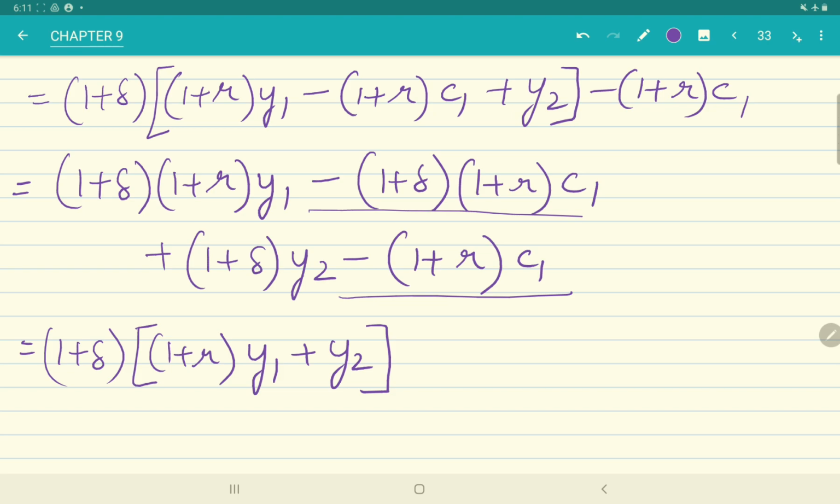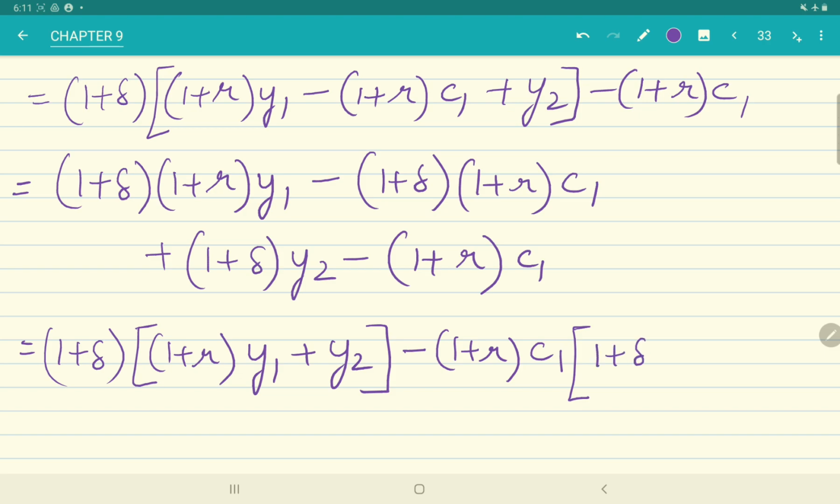You can see something common here, and that is minus (1 plus r) c1. So that is what I get, and then I write 1 plus delta plus 1, and this gives us 2 plus delta.